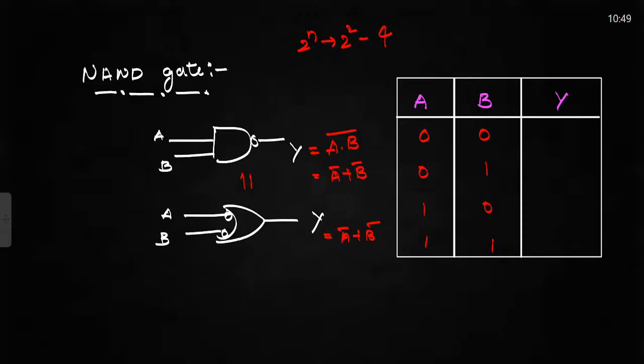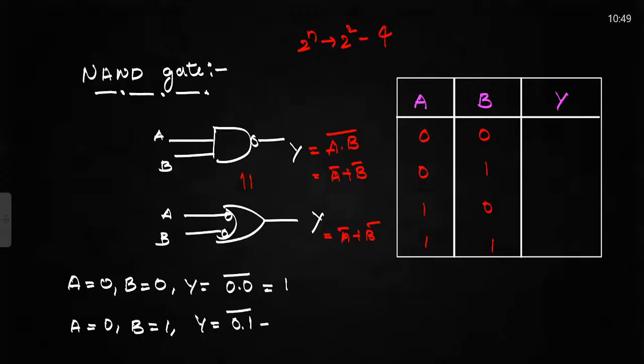Now let us verify by taking A equal to 0 and B equal to 0. Then my output is (0 into 0) bar. 0 into 0 is 0, and 0 bar is 1. Similarly, A equal to 0, B equal to 1: then Y is (0 into 1) bar, so again you will get 1. And if A is equal to 1, B is equal to 0: then Y is (1 into 0) bar, so again it will give me 1.